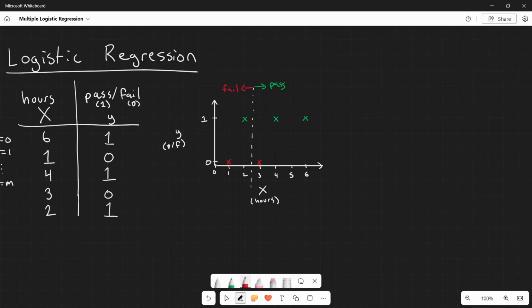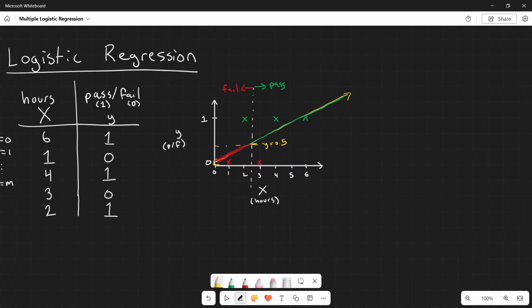One way that seems intuitive to find this decision boundary might be to create a line of best fit on our data, where, say, this is where y is equal to 0.5. Any x value that yields a y greater than 0.5 would be a passing grade, so anything up here. And any x that yields a y less than 0.5 would lay somewhere down here.